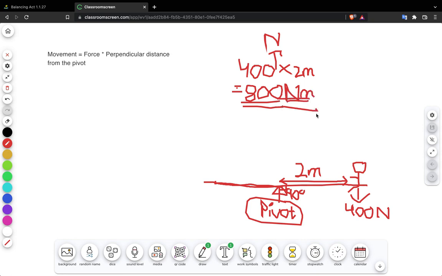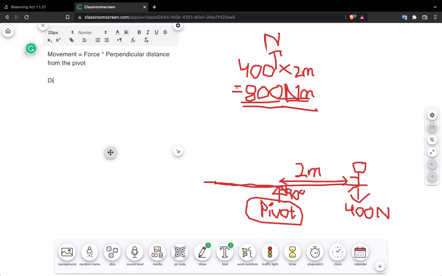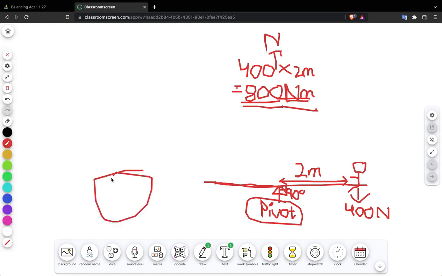And one last thing, which is the direction. The direction can either be clockwise or anti-clockwise. Now we can judge this on the way a clock moves, right? Sorry for my drawings. So guys, this is a clock, for example.